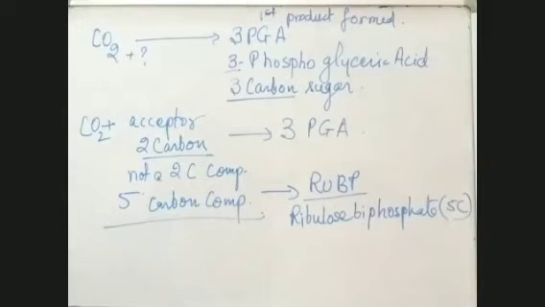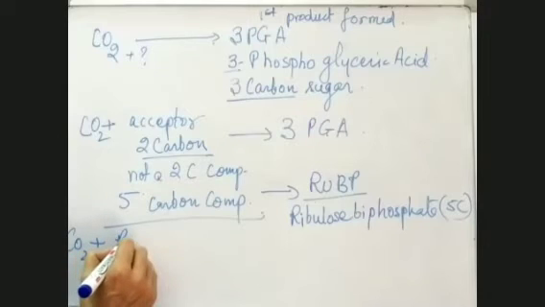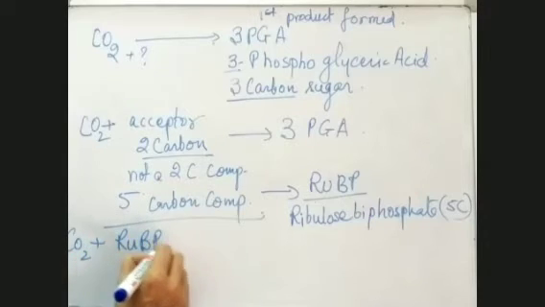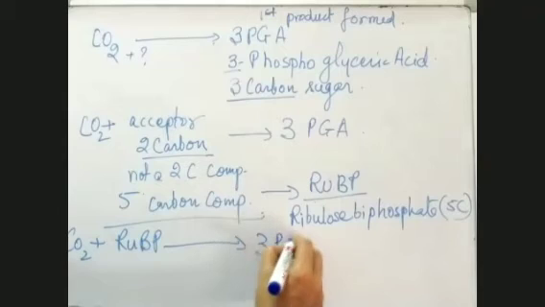It was a 5-carbon compound. That means CO2 was accepted by RuBP to form 3-PGA, 3-phosphoglyceric acid. PGA is phosphoglyceric acid. The conclusion was that CO2 combined with a 5-carbon compound to form a 3-carbon compound, which was the first product of CO2 fixation.